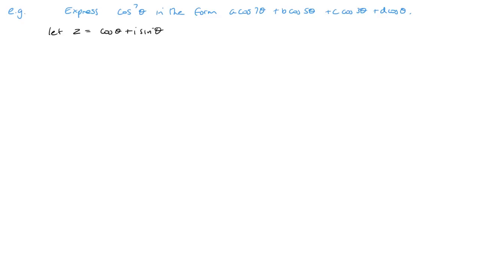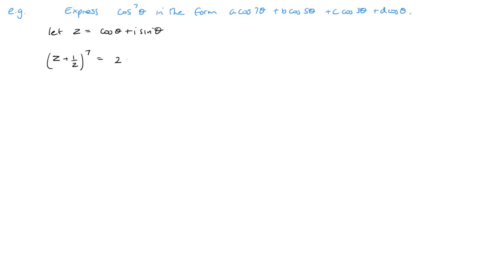That's what I'm going to start off with. Now, we want to get in terms of cosines, so that's going to be z plus 1 over z, because that's going to give me a 2 cos theta.